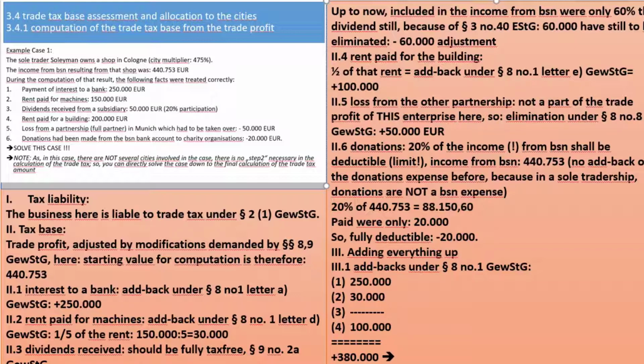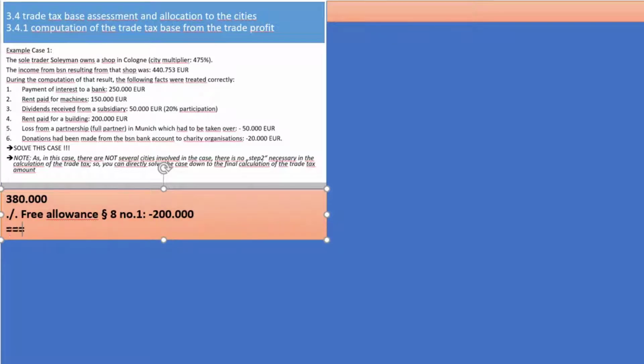What comes next, ladies and gentlemen? Well, 380,000. That's the first step only. 380,000 minus, there was a free allowance for the 8 number 1 deduction, add-backs, minus 200,000. So we end up with a subtotal again of 180,000.